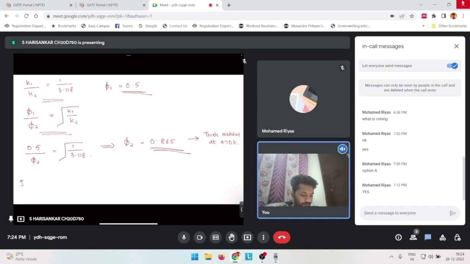So our internal effectiveness factor eta will be equal to tanh phi by phi, and that is basically tanh 0.885 by 0.885, and this will be approximately equal to 0.885.